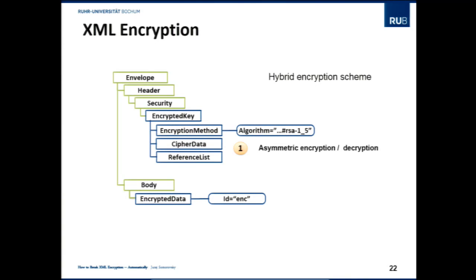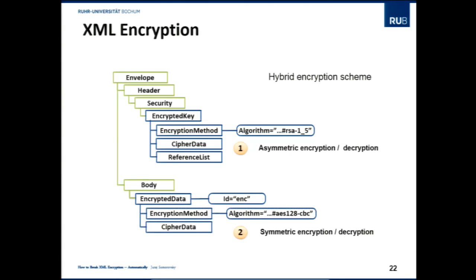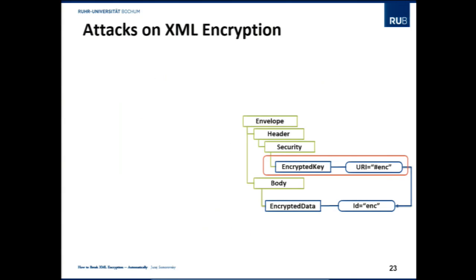Into the encrypted key, we use asymmetric encryption to encrypt a session key, and this session key is then used to encrypt the data into encrypted data. For this purpose, we use algorithms like RSA for the asymmetric encryption scheme, and for the symmetric encryption scheme, we use AES, for example. And then we create a binding between encrypted key and encrypted data using a data reference.